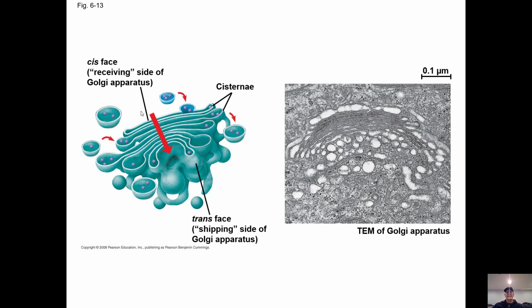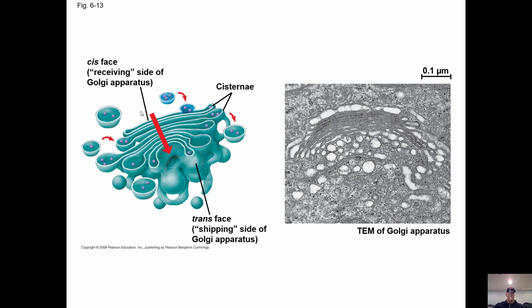What they do is they fuse onto that side, and then the materials get modified as they're a part of the Golgi apparatus, and then they'll come off of what's called the trans side.